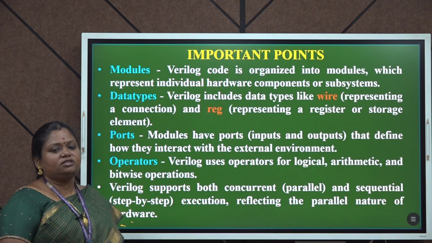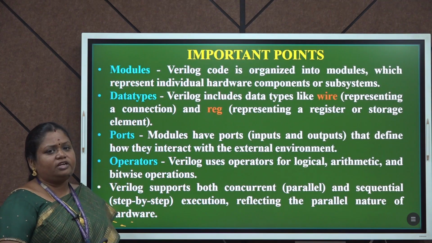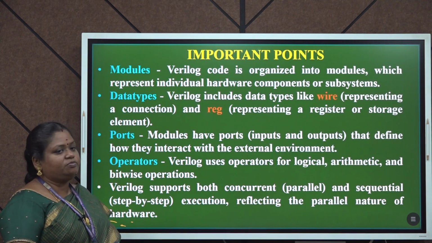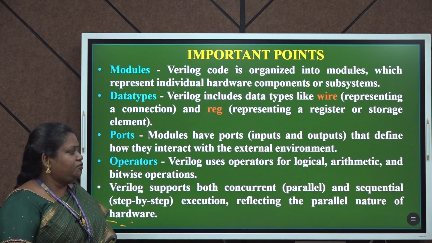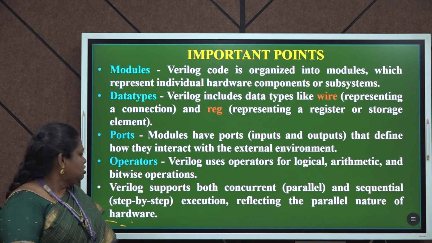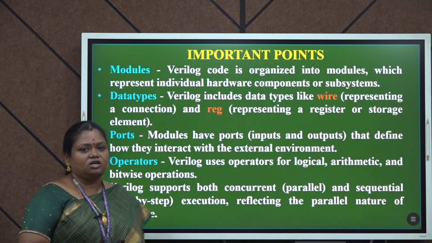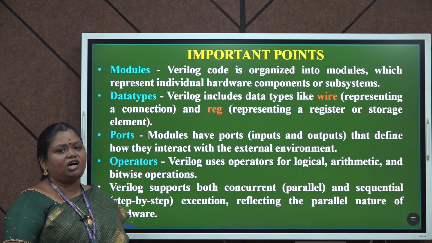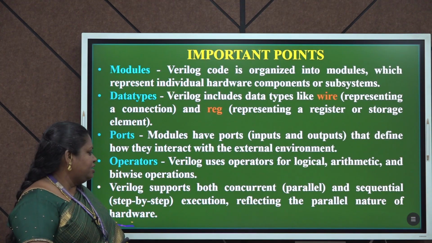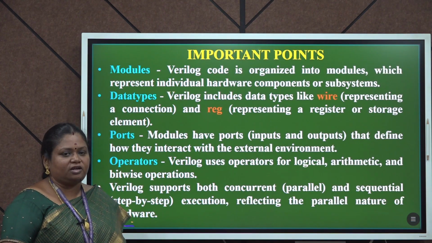There will be n number of ports, and different types of operators for logical, arithmetic, and bitwise operations. Then the most important thing is that Verilog code can be executed in a parallel or a sequential manner. This makes the processing very fast when we do it in parallel form.